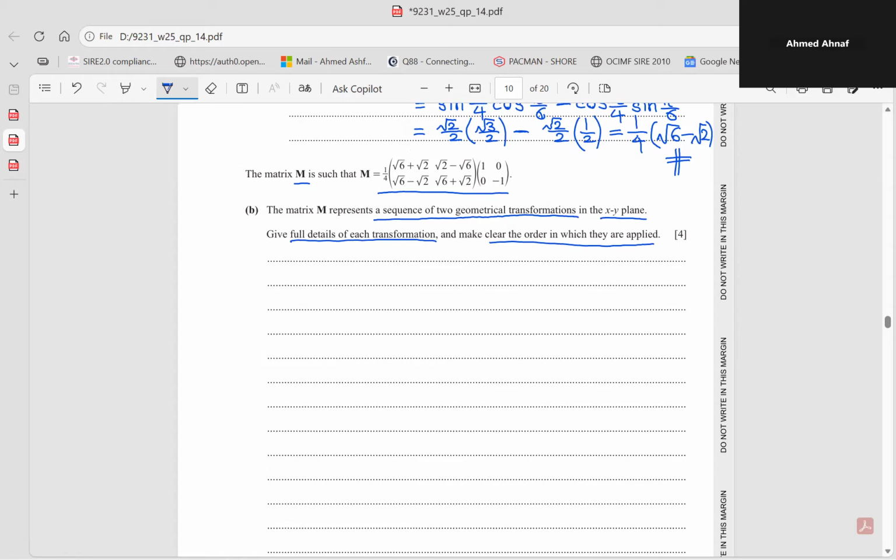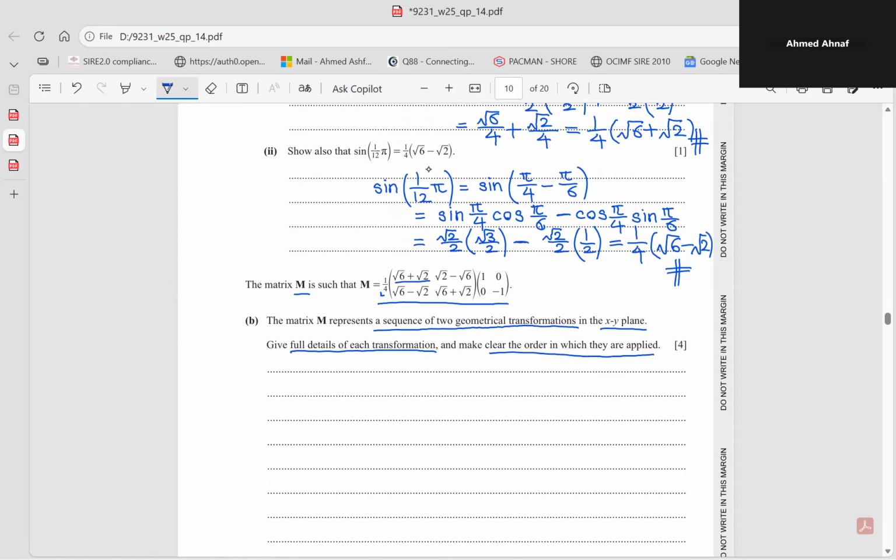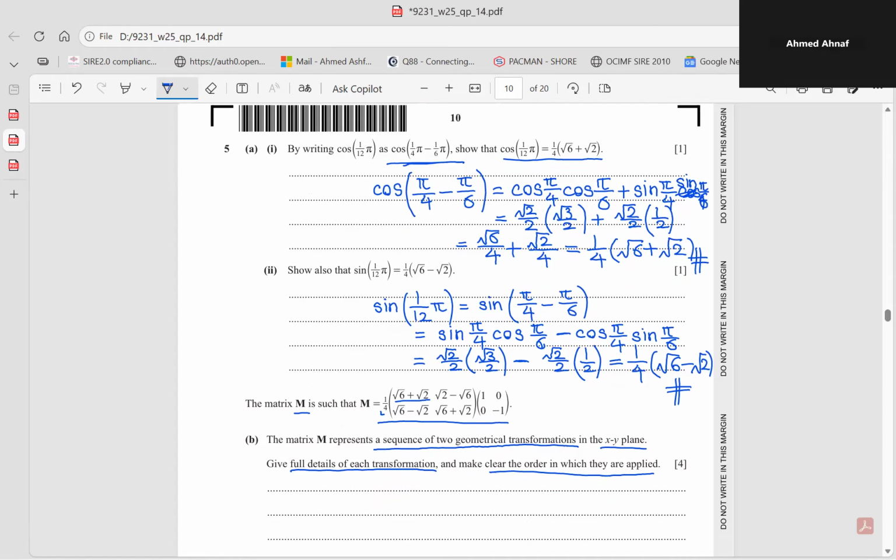The one on the left, including the 1 over 4, you can see that it's very similar to what we found in the previous part. So the square root 6 plus 2 is very similar to the cosine pi over 12, and the square root 6 minus 2 is very similar to the sine pi over 12. Same for this, it's just square root 6 minus 2 multiplied with -1.